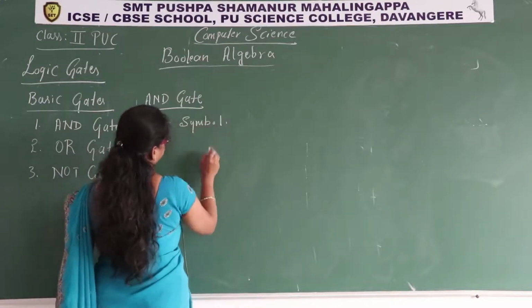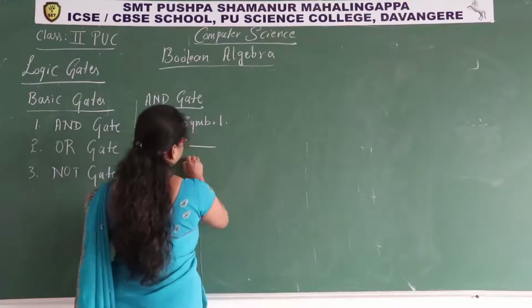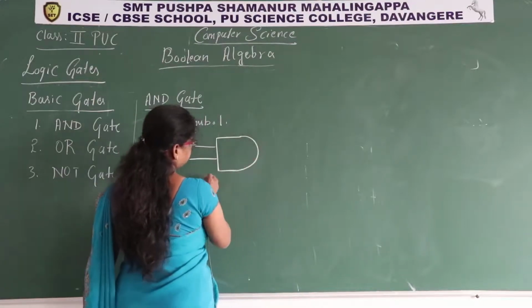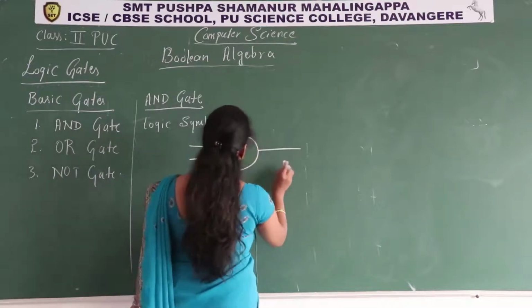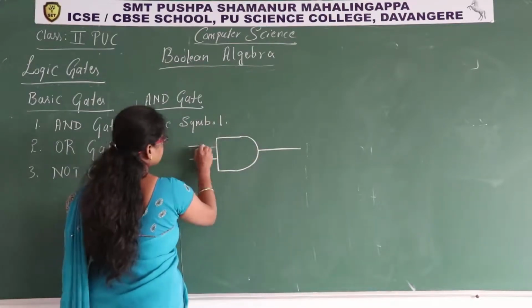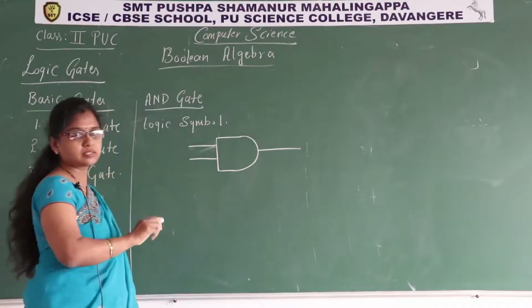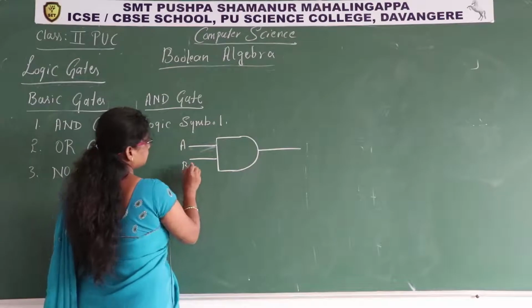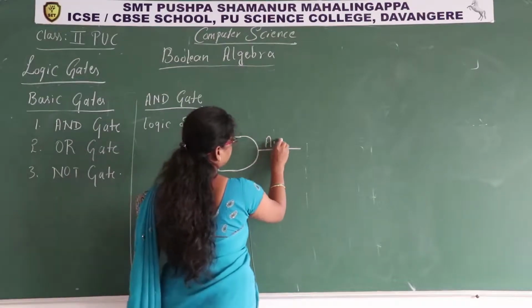Logic symbol. So if this symbol is there means we can understand, yes, it is a circuit. This is AND gate circuit. A, B, and the output is A dot B.